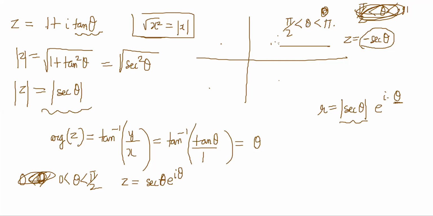And what will you do about the e power i thing? Tan inverse of tan theta. Now theta is above 90 degrees, so tan is negative, and this will be minus theta, tan inverse of some negative tan.